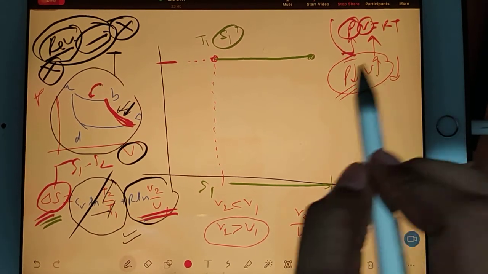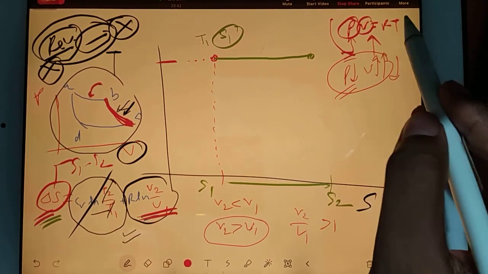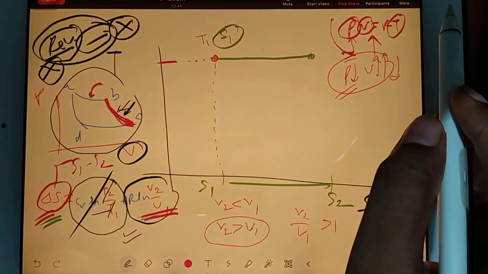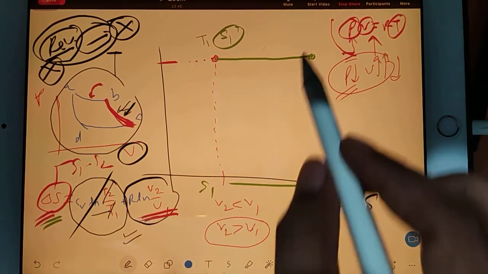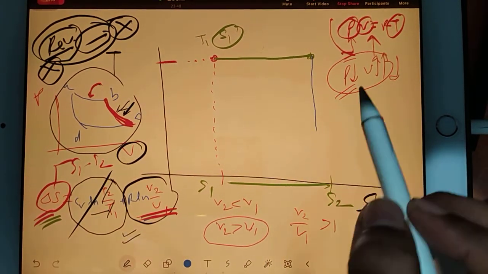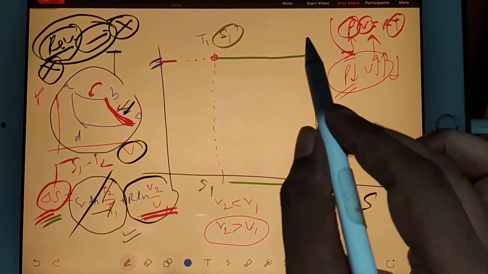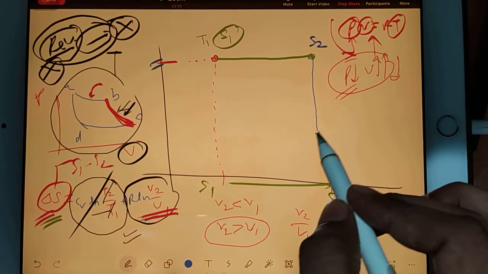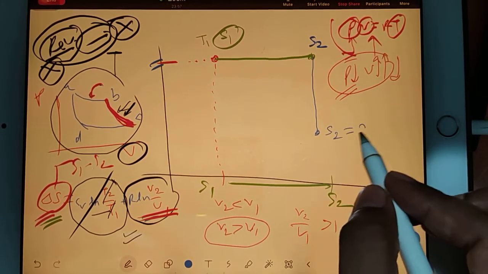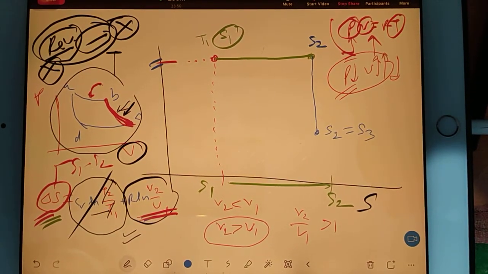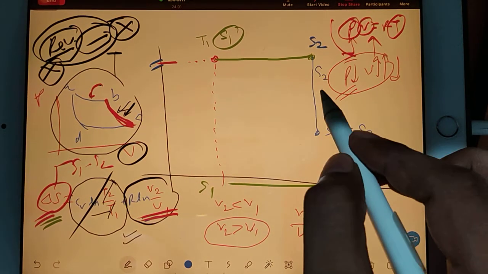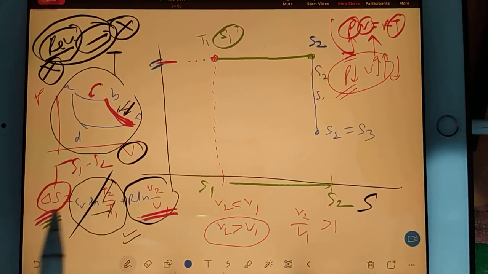So your temperature will decrease. So you will come down, because temperature has to decrease. Whatever entropy was here, S2, the same entropy comes here, S2, and S2 and S3 will be the same, because it is a straight line. Entropy is not being changed.